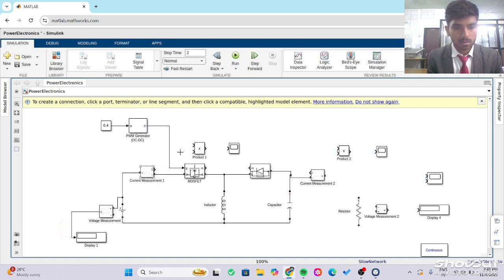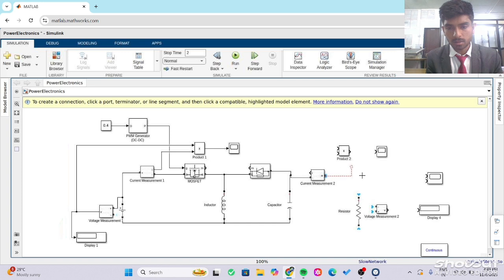Connect the current measurement and voltage measurement to the product block for taking their product. Connect it to the scope for checking the waveforms. After that, connect the current measurement to the load.